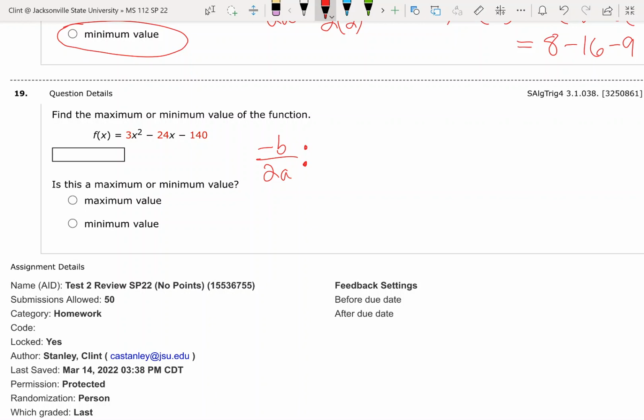Negative 24, so if we do negative negative 24, I'm going to write it down like that, it'll end up being positive 24, over 2 times a, which is 3. So that's positive 24 over 6, which is 4.